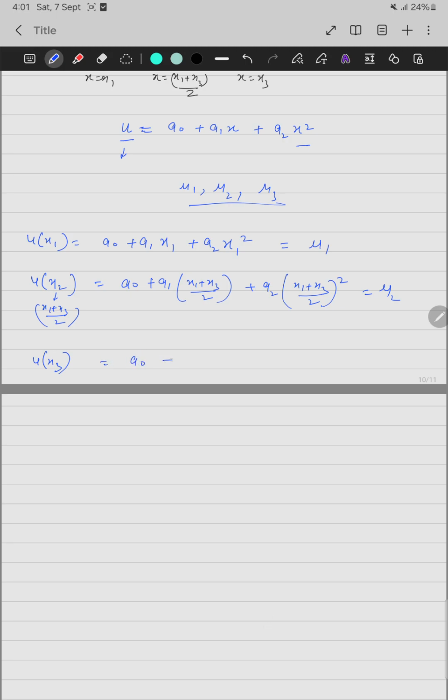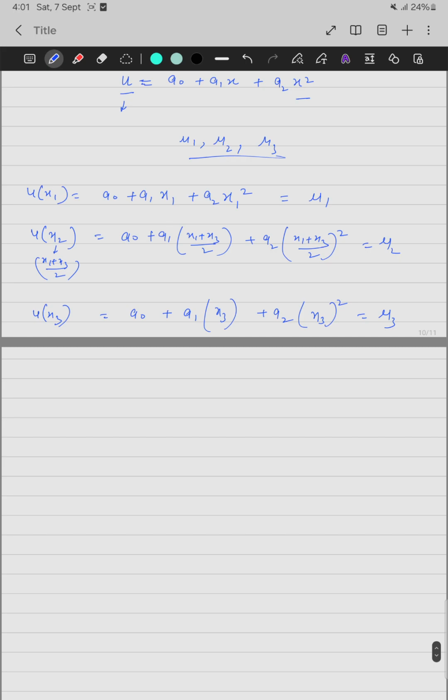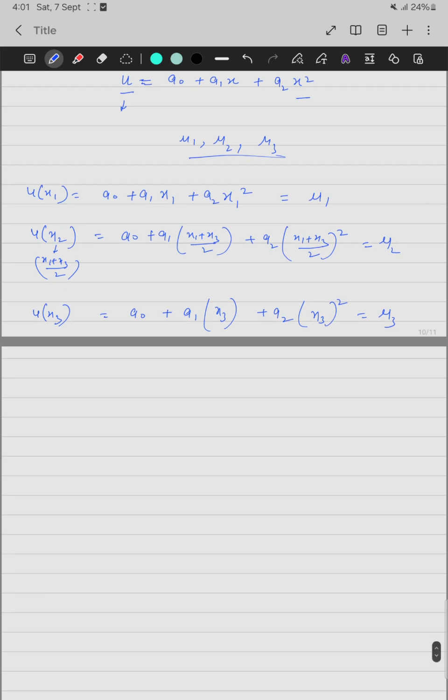Now u of x3 we can write, it is very easy. I'm doing nothing, I'm just putting the values, x1, x2, x3. So it will be a naught plus a1 x3 plus a2 x3 square, which equals u3. Now we have these three equations and three unknowns, a naught, a1, and a2. After solving these three equations, we will get our a naught, a1, and a2.